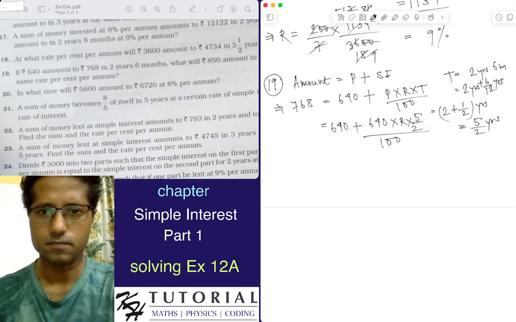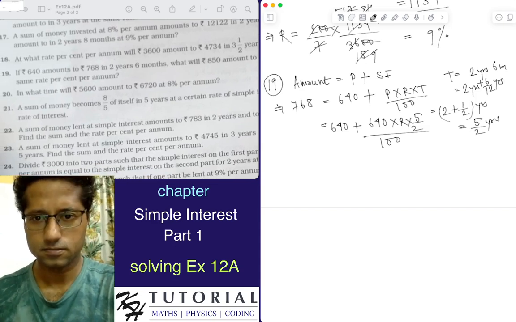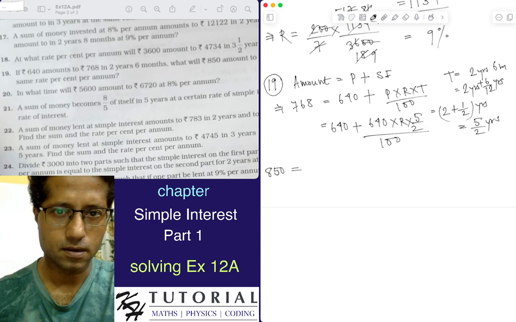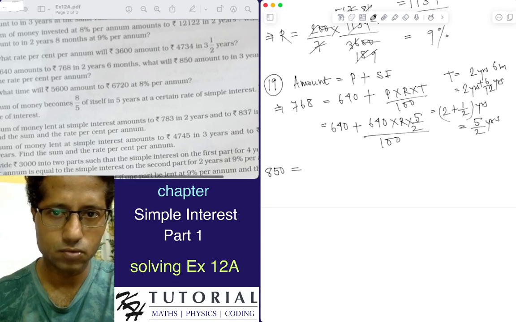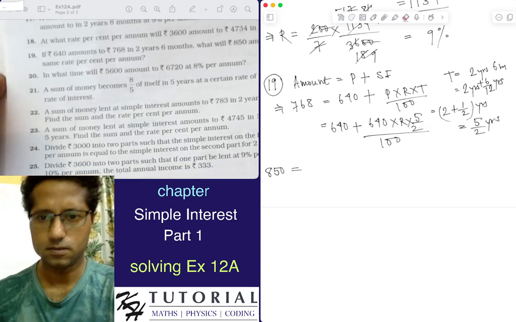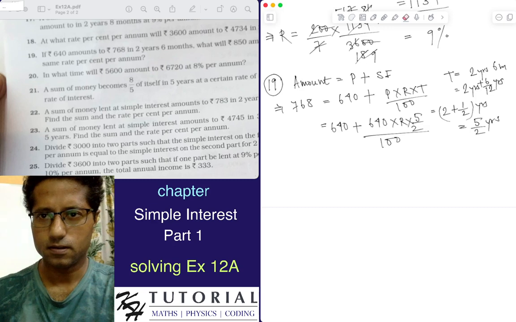Now it is asking what will rupees 850 amount to in 3 years at the same rate percent per annum. So in the second case we have 850 as the principal, and we have to find the amount.